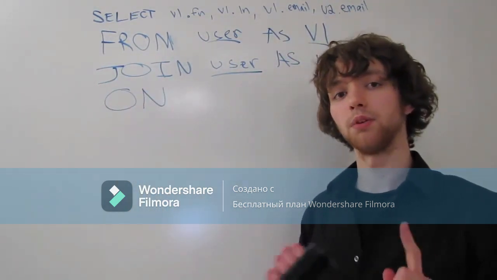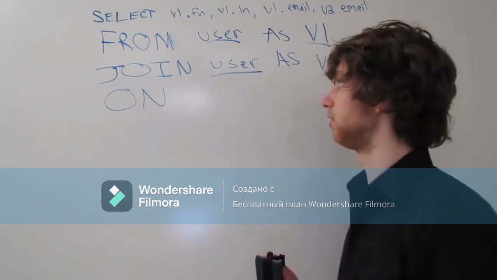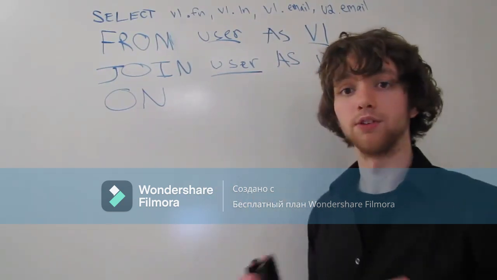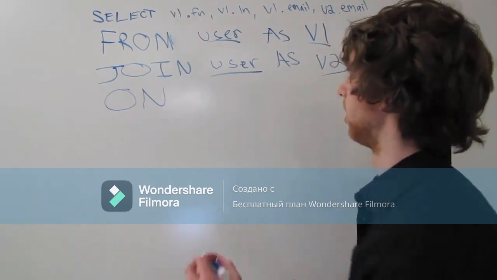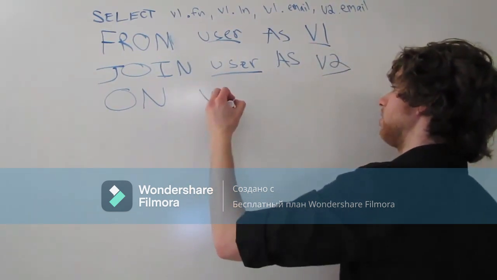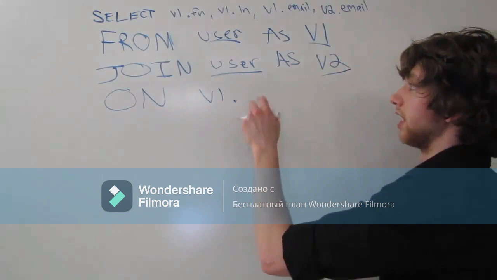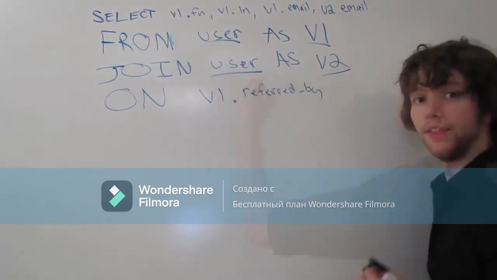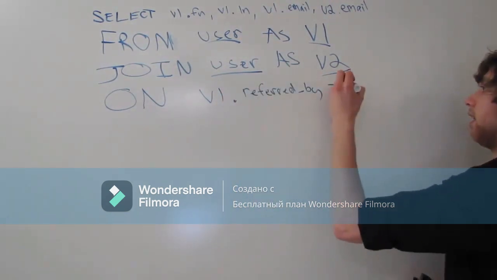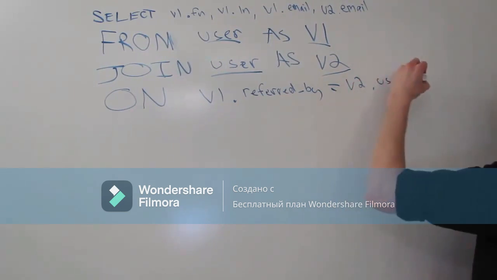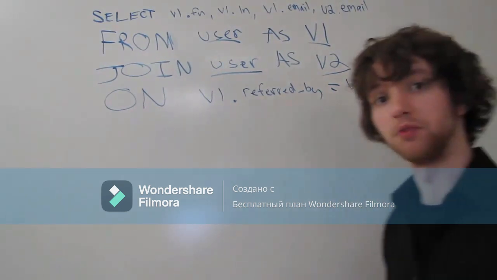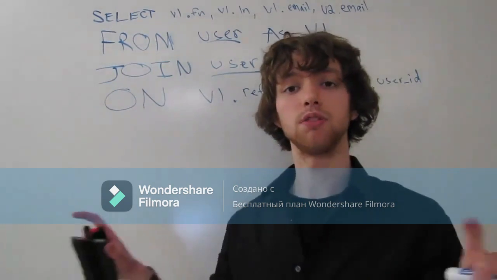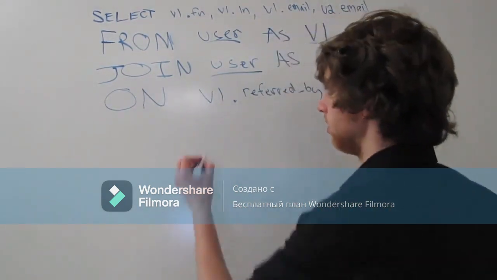Now this is where it can get really confusing because there are so many possibilities that you can put right here. For this situation, we are going to take V1 and the referred by column, and that is going to be the same as V2's user ID column. Imagine literally two tables with the same exact data.